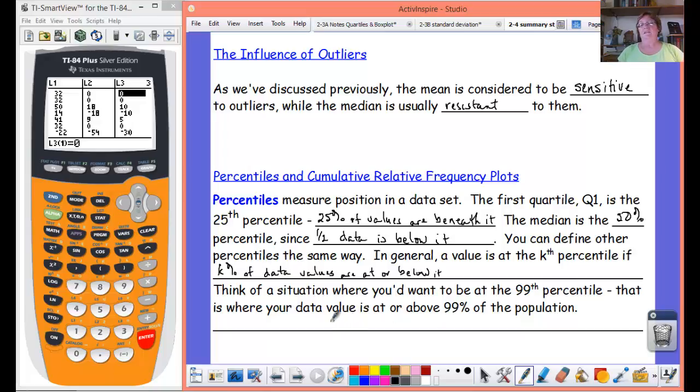I'd just like you to imagine for just a second a situation where you'd want to be at the 99th percentile. That is, you want your value to be at or above 99% of everyone else in the world. I'm sure many things will come to you, but some that I've heard over the years are wealth, IQ, happiness.